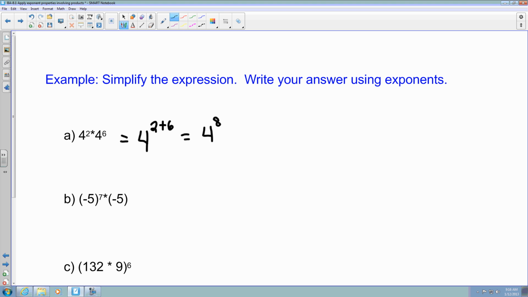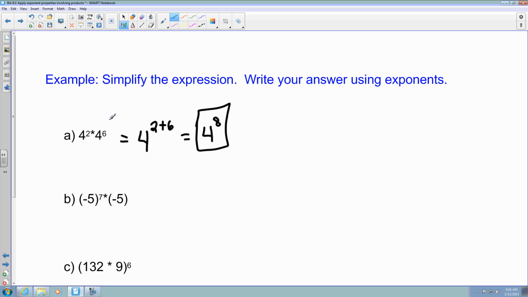That's what they mean by write your answer using exponents. This actually becomes a number. If you take 4 to the 8th power, it comes out to be 65,536. But for these examples, we want you to leave it in exponent form.